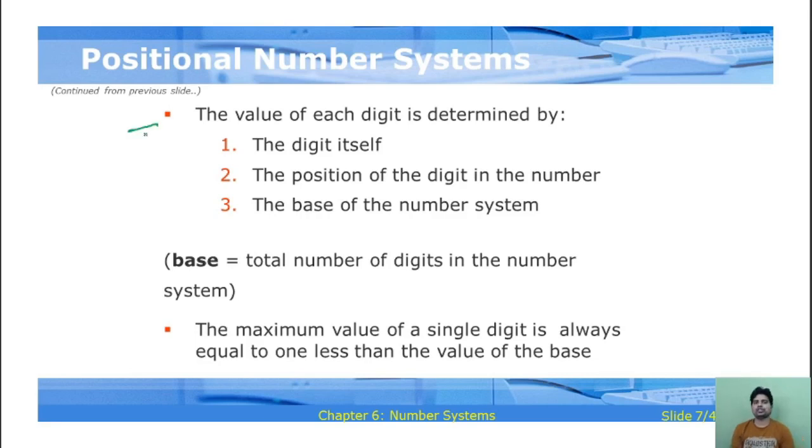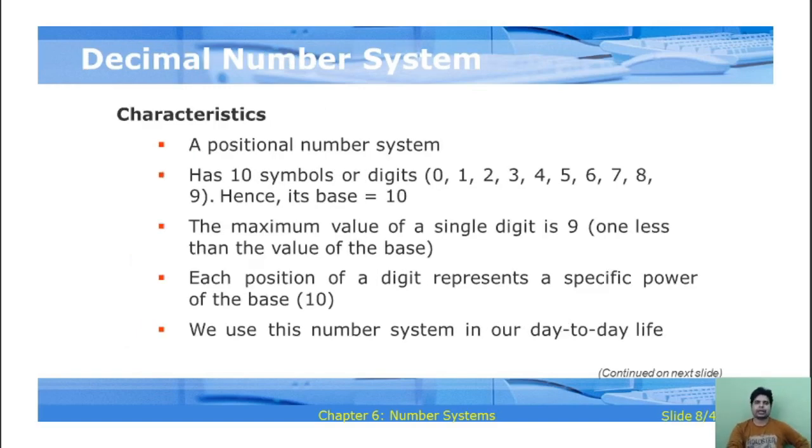The value of each digit is determined by the digit itself, the position of the digit in the number, and the base of the number system. The base is the total number of digits in the number system. And the maximum value of a single digit is always equal to 1 less than the value of the base.